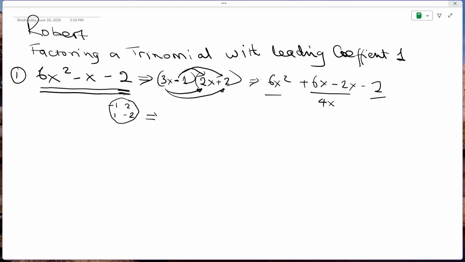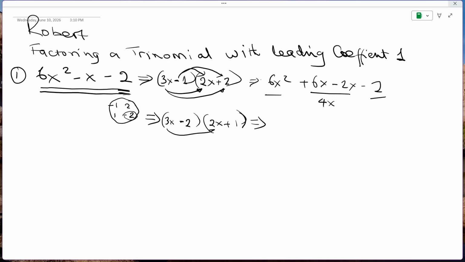So let's look at the second option and see how we get it. We have 3x, and then we have 2x. So let's suppose we now choose negative 2 to be in the first expression, and then positive 1 to be in the second expression, and we try it out.